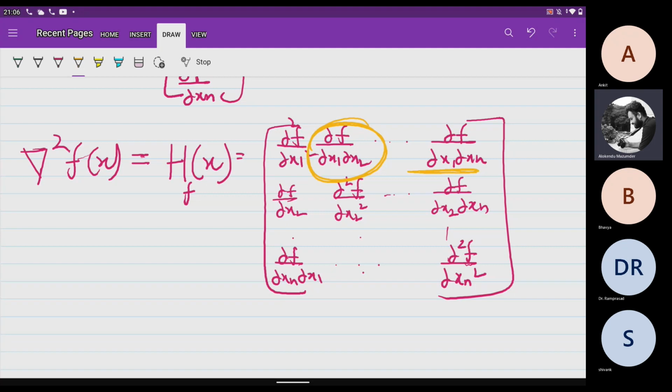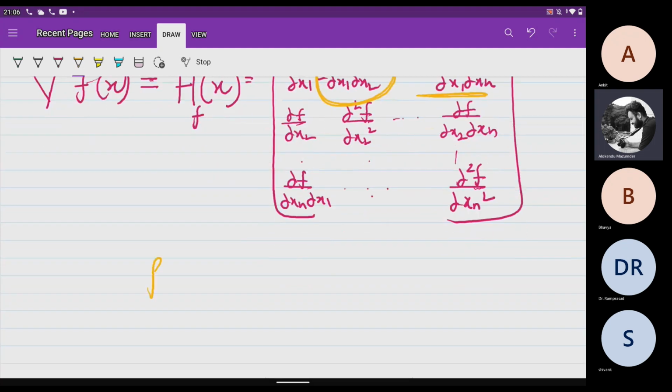Okay, let's say I have a function of two variables, x1 square plus x2 square.